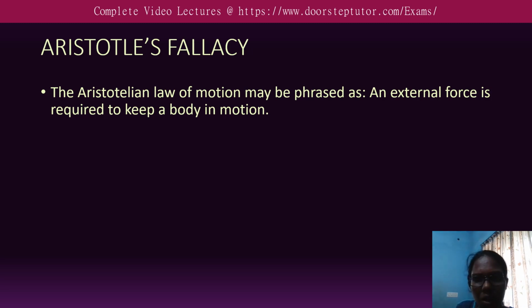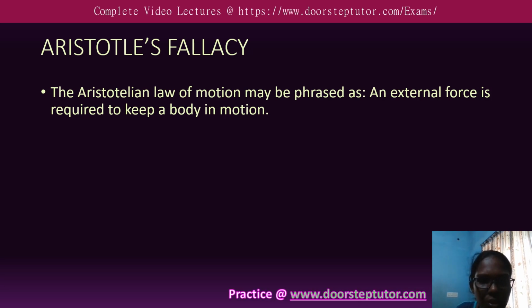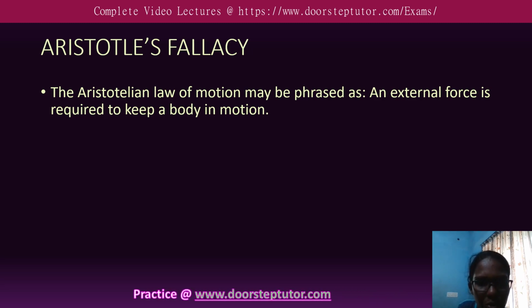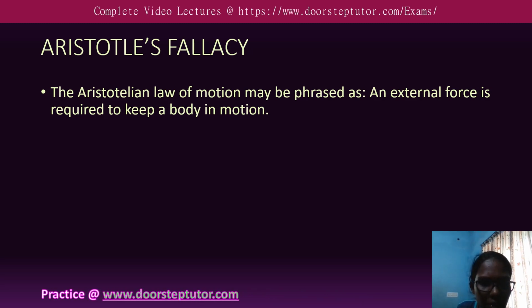If objects moving around the earth are left to themselves, all bodies eventually come to rest. Consider the example of a moving car. It comes to rest because the external force of friction by the floor opposes its motion. So in order to counter this force, we have to apply an external force on the car in the direction of motion.